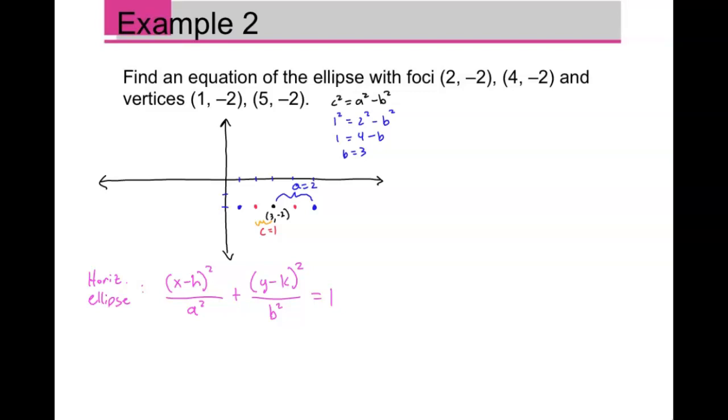I know h, I know k, I know a, and I know b. All that's left to do is just fill those in, right? So that's (x minus 3) squared over 4.